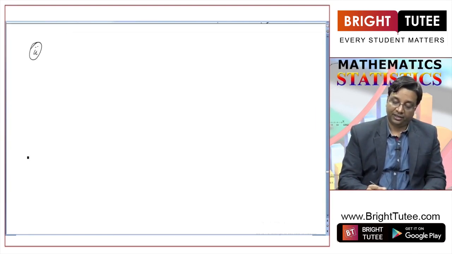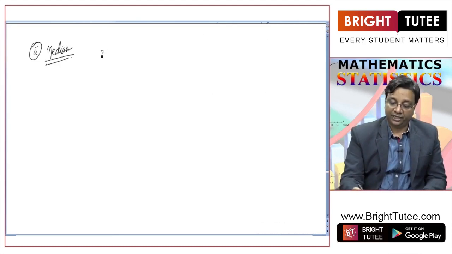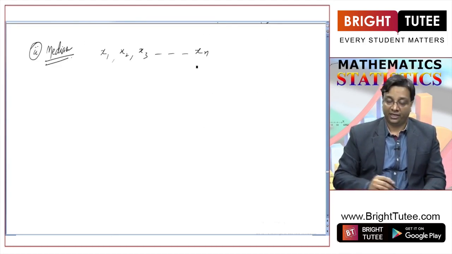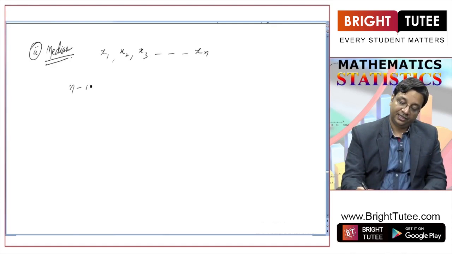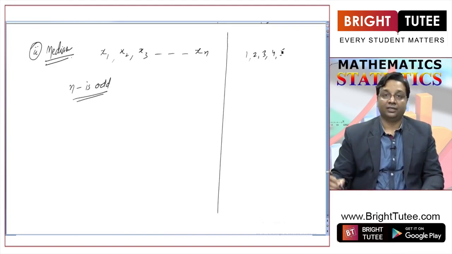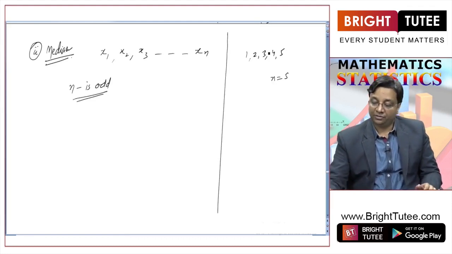Second, let us go for median. Okay, what was the median? Let us say x1, x2, x3. These are number of observations up to xn. If let us say n is odd, for example, let me help you visualize this. 1, 2, 3, 4 and 5. Here n is 5, which is odd, right? What was the middle observation?